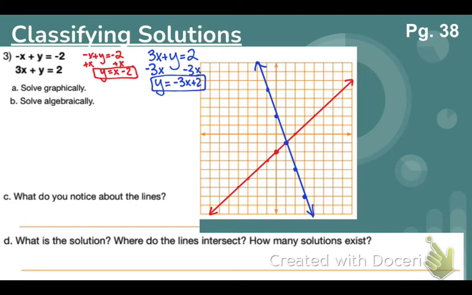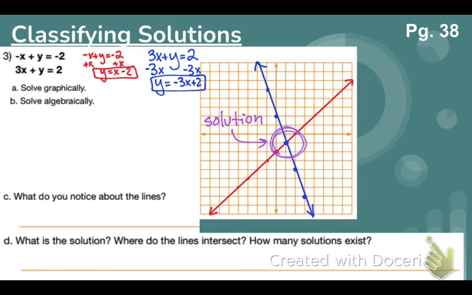What do we notice about those two lines? They intersect. Tristan? They intersect, yeah. How many times do they intersect? Just one. Just once. I'm going to circle where they intersect right there. And I know that when two lines intersect, that's going to be a solution.